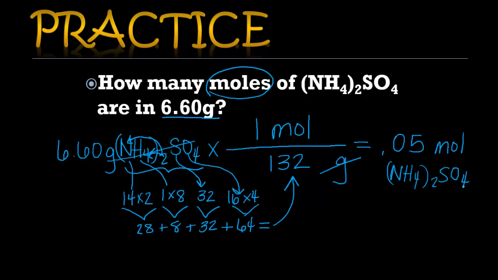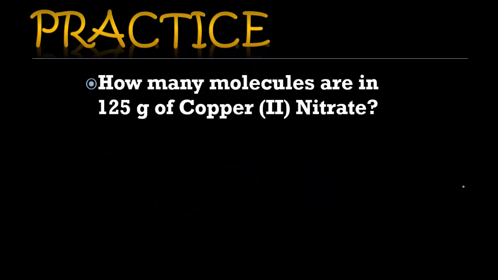So again, same as we were doing before, all we're doing is getting a little bit more complicated with our molar mass. Last example, how many molecules are in 125 grams of copper 2 nitrate?